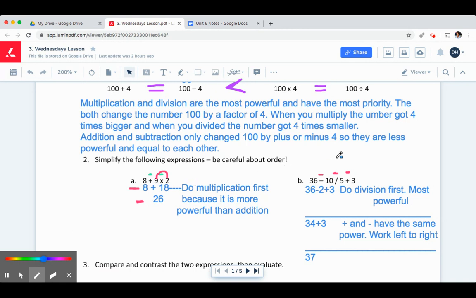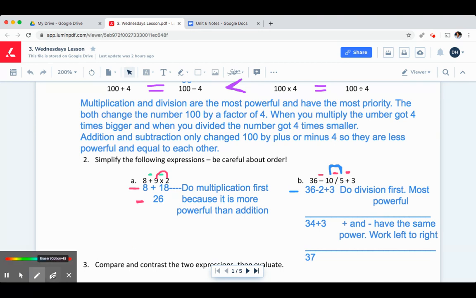I should do division first because it is more powerful than addition and subtraction. So I'm going to solve 10 divided by 5 first. The next line of my work should be 36 minus 2, because 10 divided by 5 is 2, plus 3.